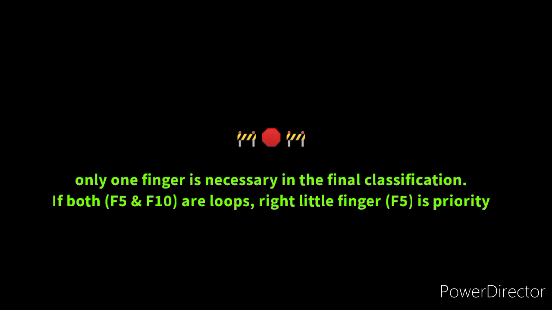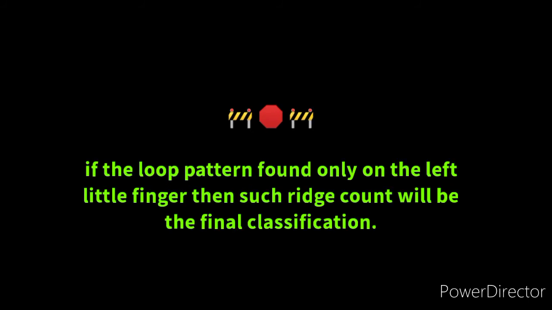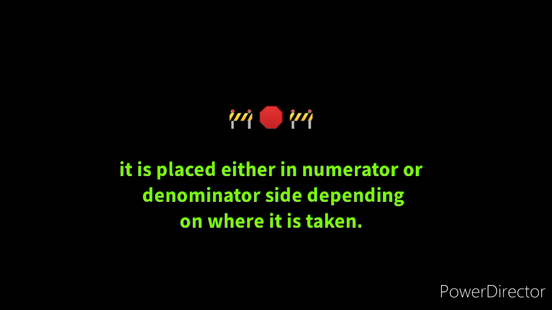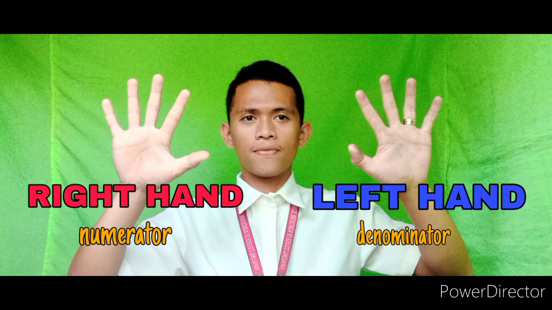If both F5 and F10 are loops, the right little finger F5 is priority. If a loop pattern is found only on the left little finger, then that ridge count will be the final classification. It is placed in either the numerator or denominator depending on where it is taken. If right hand, numerator. If left hand, denominator.